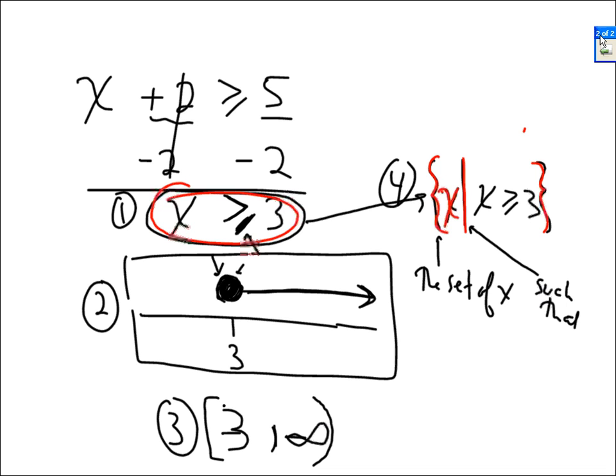It comes right from the first way. Let's try some more. On an exam, you write the answer in all 4 different ways, or write it in this way or that way. So I'm showing you all the ways.